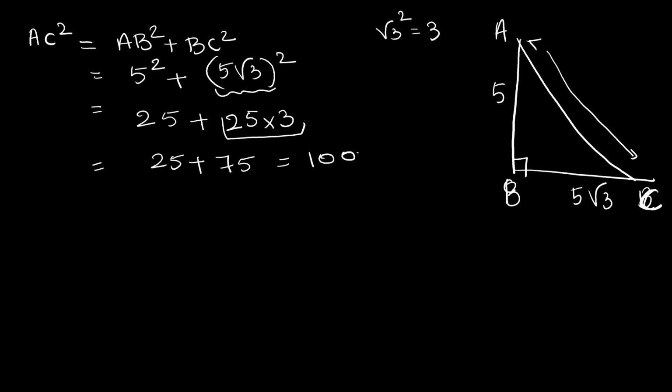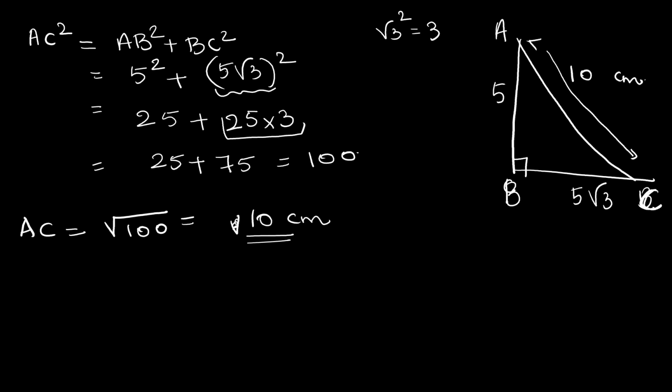Therefore AC square equal to 100. Now we got AC as root of 100, that is equal to 10. So AC is 10 centimeter. So the final answer is BC equal to 5 root 3 centimeter and AC equal to 10 centimeter.